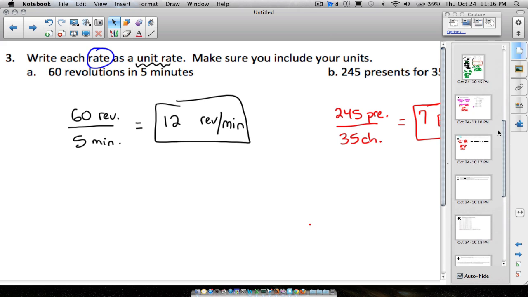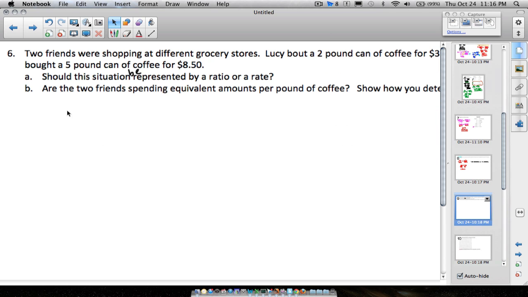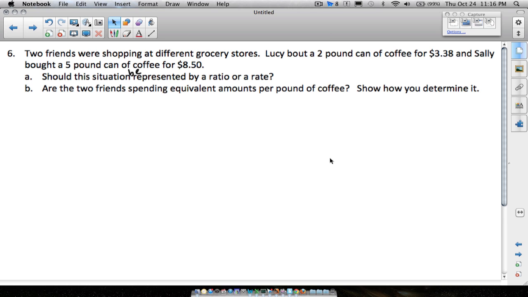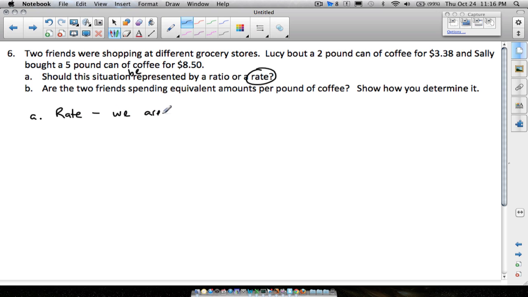This should be a rate, and the reason why is because we're talking about pounds and we're talking about dollars. They're two completely different units of measurement. So it's definitely a rate. Question A would be a rate, and the reason why we are, I'll tell you what, I want to type.